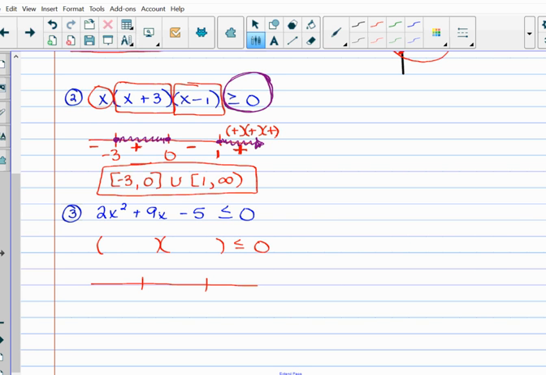Well, it has to be. I chose 0. As long as it's not one of the numbers on the line, you can do it. I figured out that one was negative times positive.